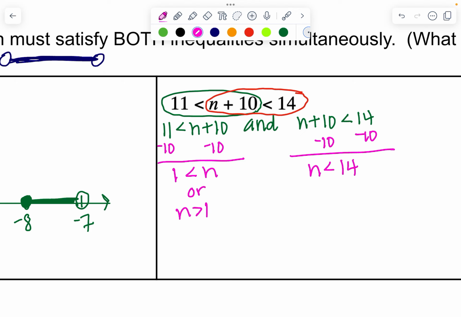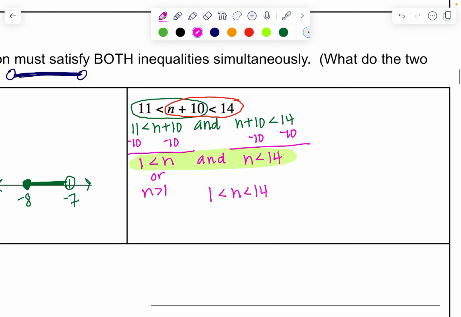We could say n greater than 1 and n less than 14. Or you can write it as one big inequality with the n squished in between. So n is between 1 and 14. Your final answer, though, should be one of those two that I highlighted.